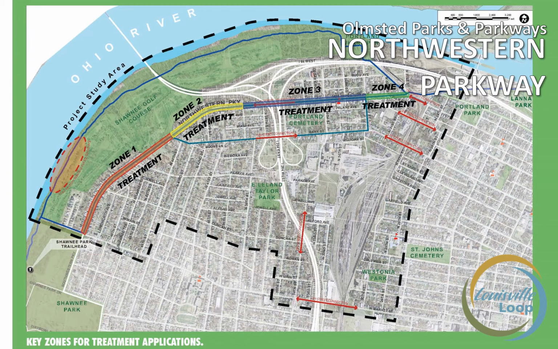Continuing downstream, the Louisville Loop enters the beautiful cottonwood floodplain forest along the Ohio River, which unfortunately from time to time floods. We have a detour route that follows Northwestern Parkway through the historic residential districts of West Louisville.